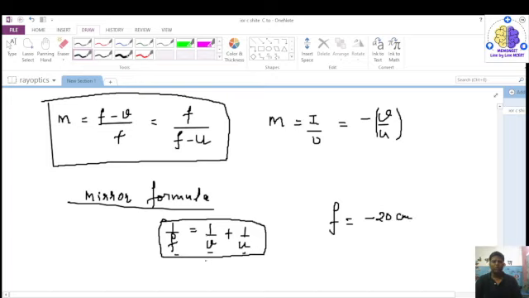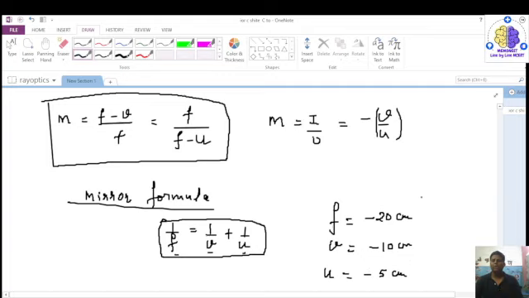And they say that it forms a real image at a distance of 10 centimeter from the mirror. So the image distance will be equal to minus 10 centimeter, because a real image has image distance as negative. And suppose the object was placed at a distance of 5 centimeter from the mirror, so the object distance will be minus 5 centimeter, because object distance is always negative.